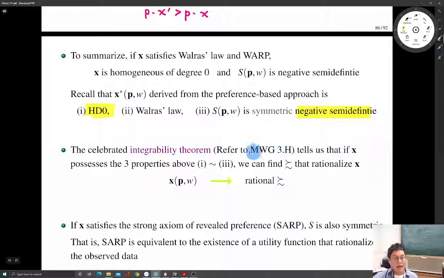That theorem tells us that if the choice function possesses the three properties above, that is, it is homogeneous of degree 0, satisfies Walras' law, and the associated Slutsky matrix is symmetric and negative semi-definite, then the preference ranking we can deduce from the observed data is rationalizable. Once again, in the preference-based approach, we are trying to deduce the preference ranking from the observed data. Then WARP just imposes completeness.